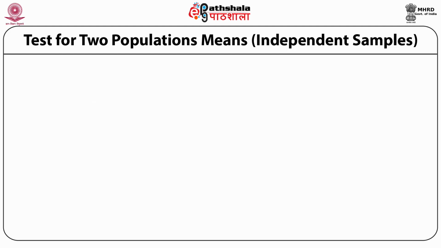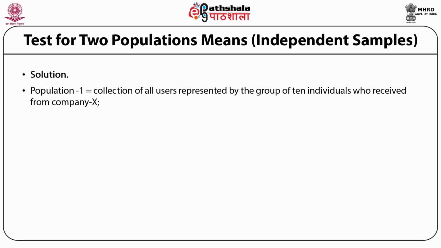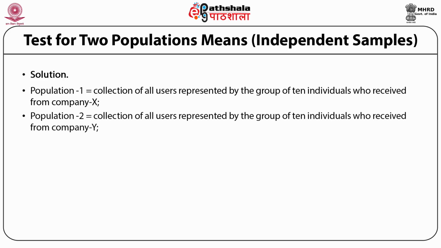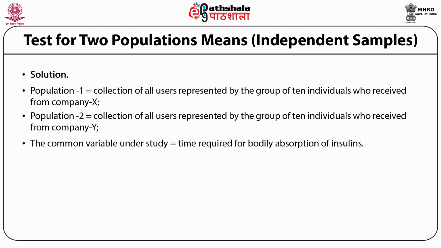What is population 1? Population 1 is the collection of all users represented by the group of 10 individuals who received insulin from company X. And population 2 is the collection of all users represented by the group of 10 individuals who received insulin from company Y. The common variable under study is the time required for bodily absorption of insulins.